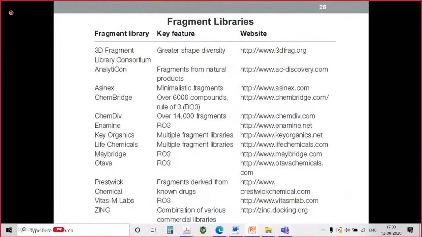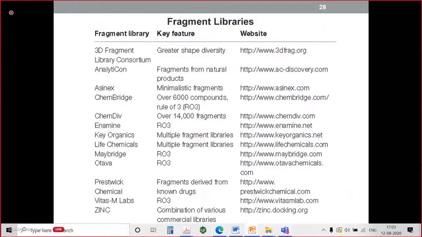As I was discussing earlier, the most important part in fragment-based drug design is the fragment, and I told you how we can define the fragment. Generally the rule of 3 is used. So we have to take care of molecular weight, then hydrogen bond donors and acceptors, along with polar surface area and log P. All these need to be considered while selecting fragments.